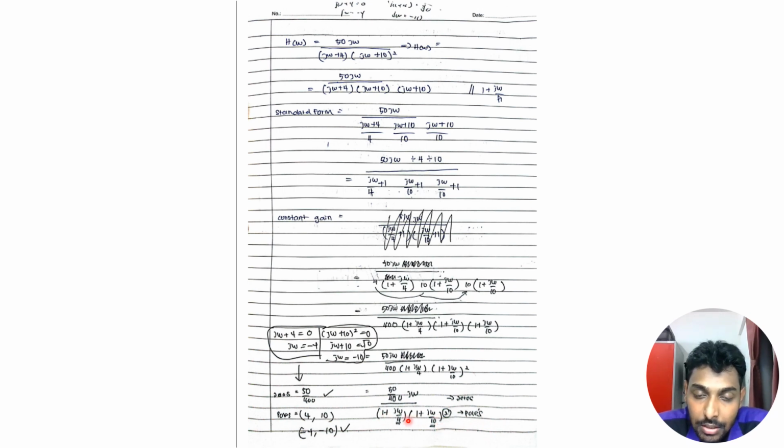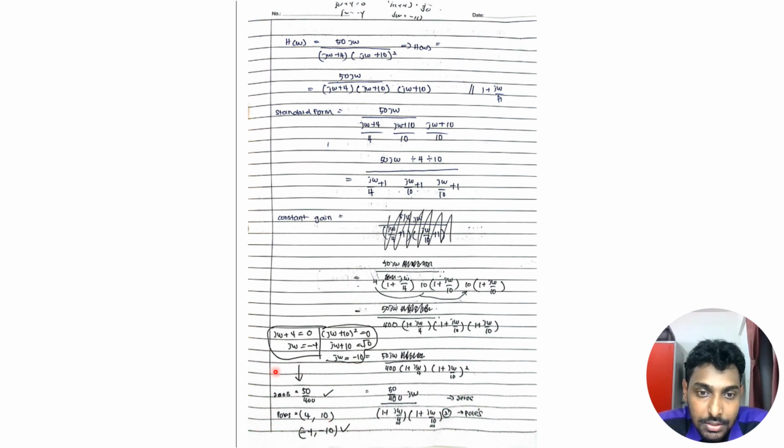So jω plus 4 equals 0, the 4 moves to the right, so jω equals -4. Then jω plus 10 to the power of 2 equals 0; the square root of 0 is 0, and the plus 10 moves to the right-hand side, so jω equals -10.